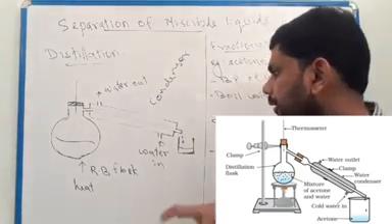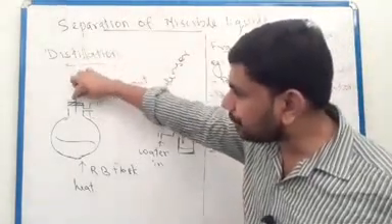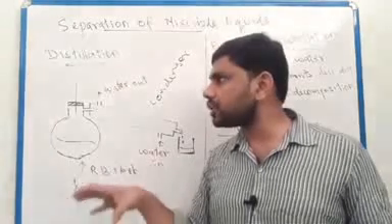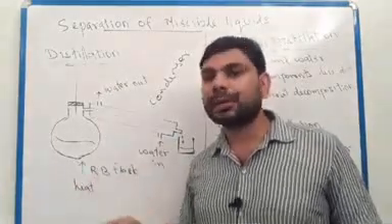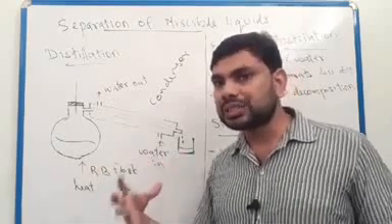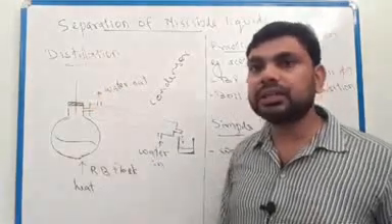Here we will keep a thermometer. This thermometer helps to control temperature. We are heating here, so to control the temperature, we will note the temperature on the thermometer.